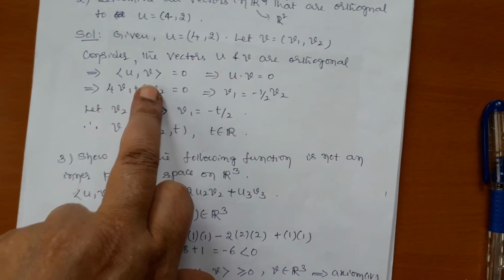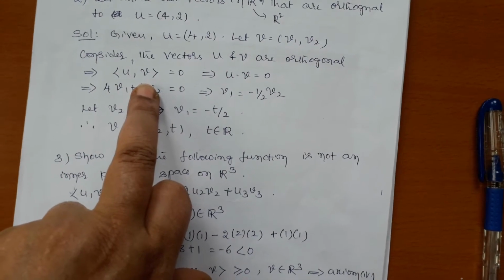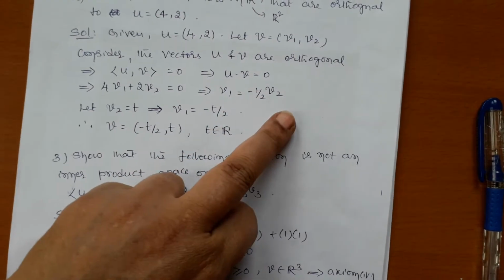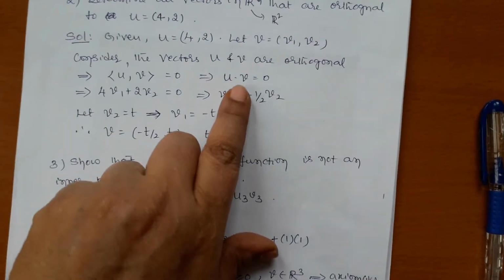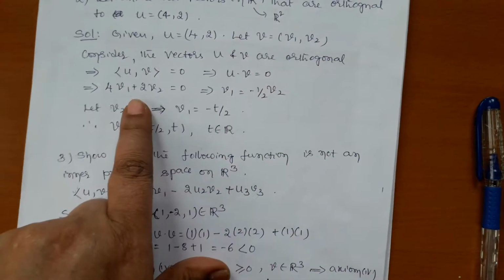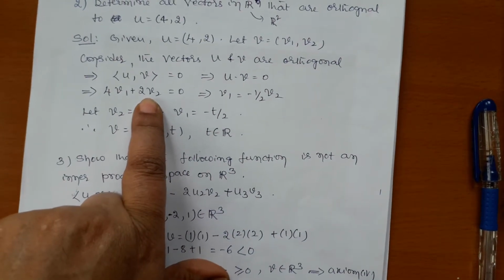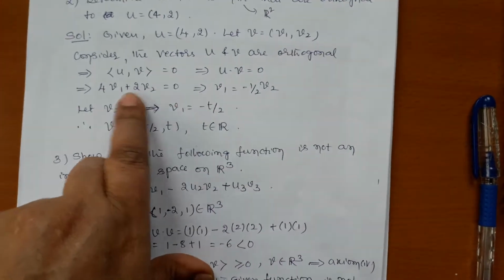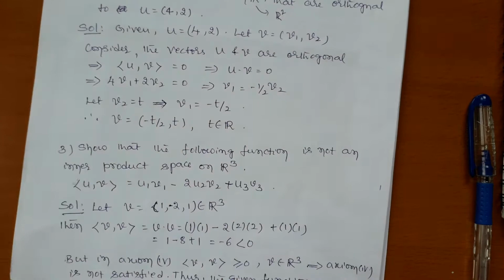Then what's the meaning of orthogonal? The inner product of u comma v must be equal to 0, meaning u dot v is equal to 0. Then u dot v equal to 0 means 4 into v1 plus 2 into v2 must be equal to 0. That implies v1 must be equal to, after simplification, minus half into v2.